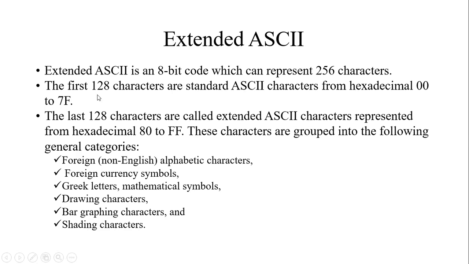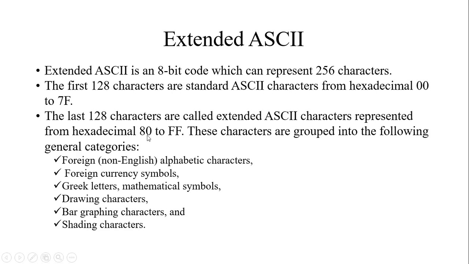The last 128 characters are called extended ASCII characters, and this includes what standard ASCII contains. They are represented from hexadecimal 80 to FF.